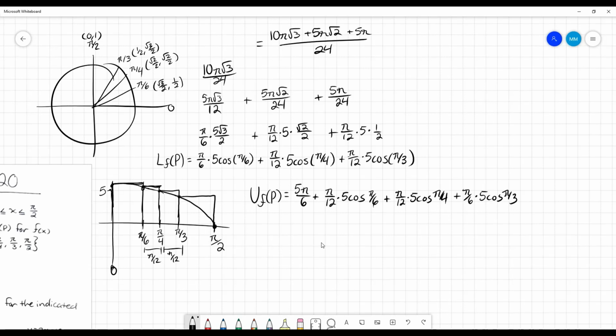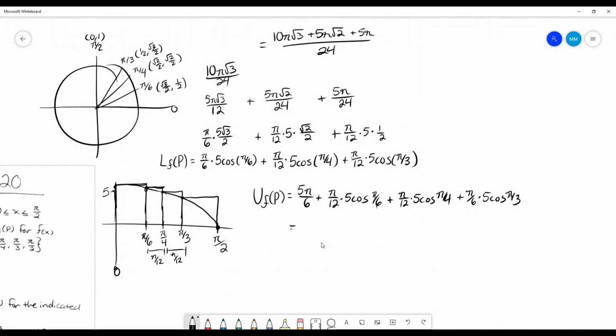Okay, so now looking at our unit circle again, so it's going to be 5 pi over 6 plus, well, cosine of pi over 6 is square root of 3 over 2. So it's going to be 5 pi square root of 3 over, 12 times 2 is 24. Next up, we've got this cosine of pi over 4, square root of 2 over 2. So it's going to be 5 pi square root of 2 over 24.